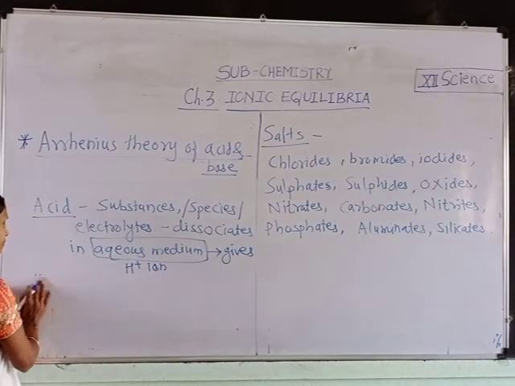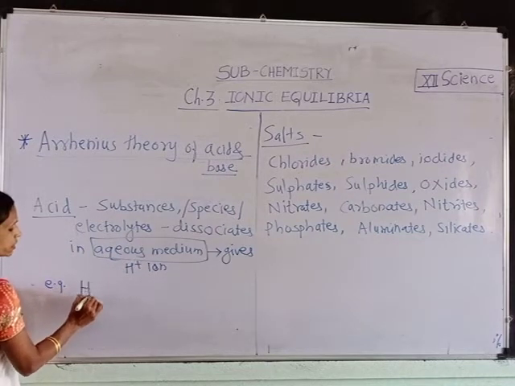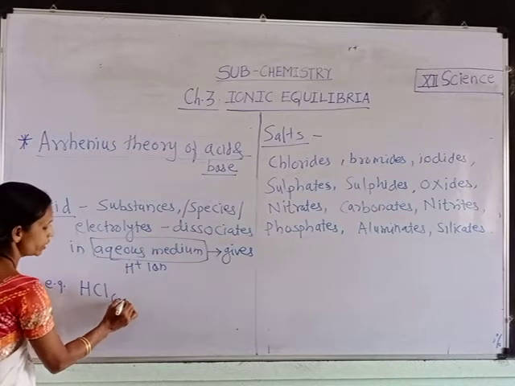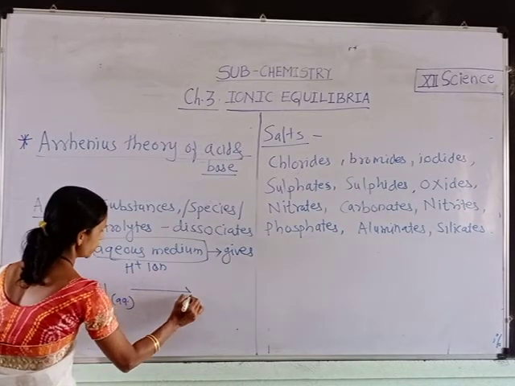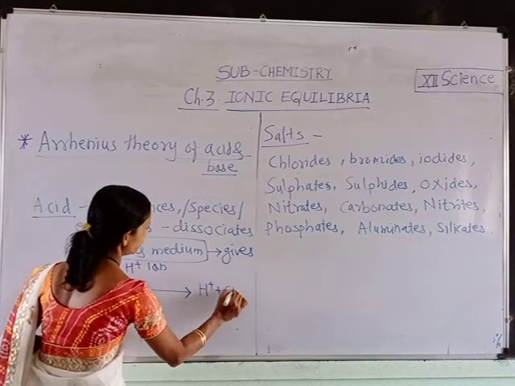For example, HCl, when dissolved in aqueous medium, dissociates to give H+ ion and Cl- ion.